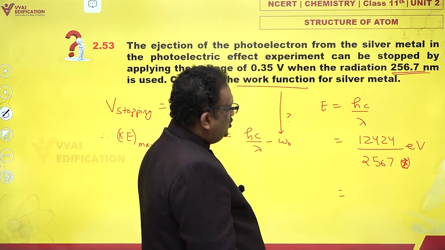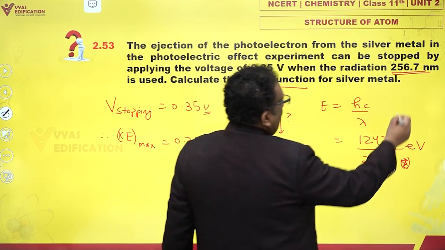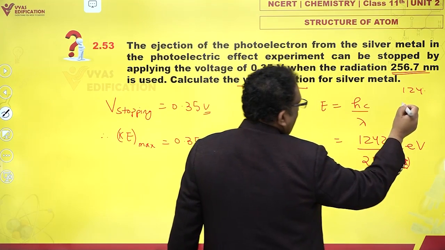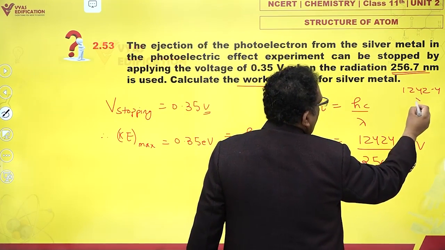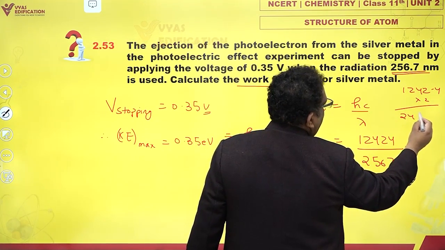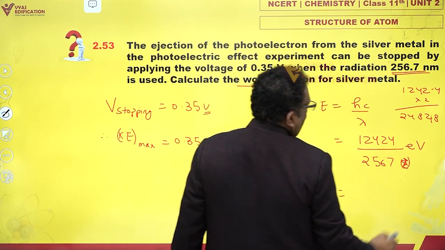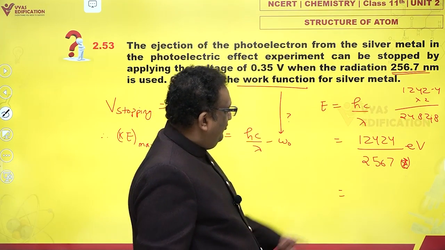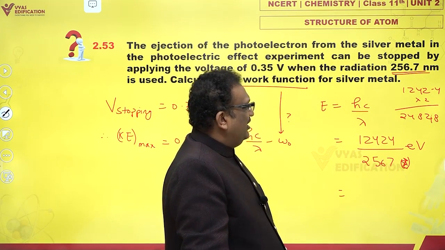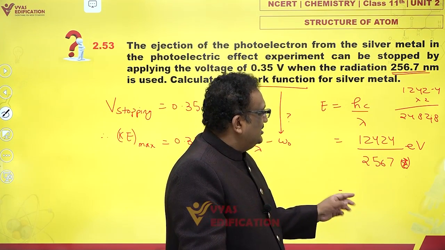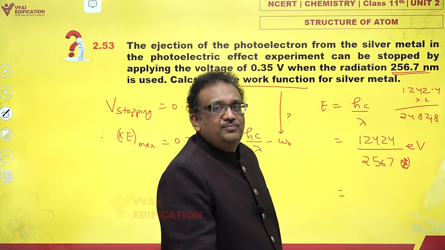This 12424. Now, if it is 124.4 into 2, this is 2484, 2567, a little more. So if I just cancel this, the denominator is a little more than 0.2. A little more.